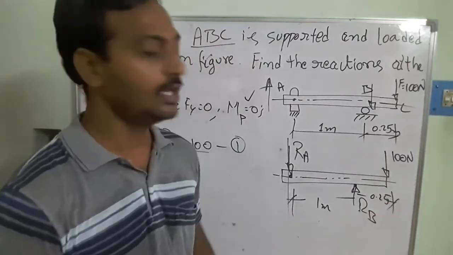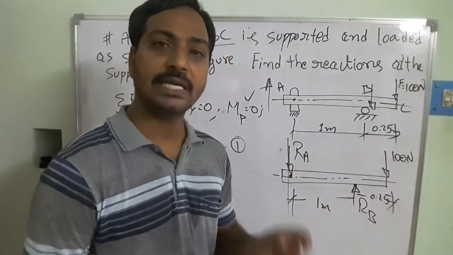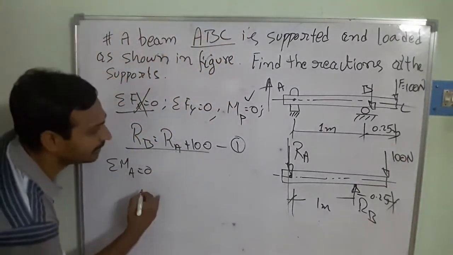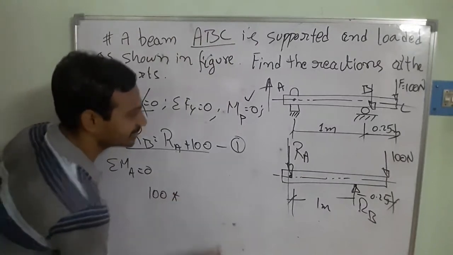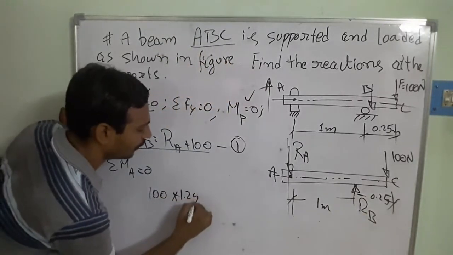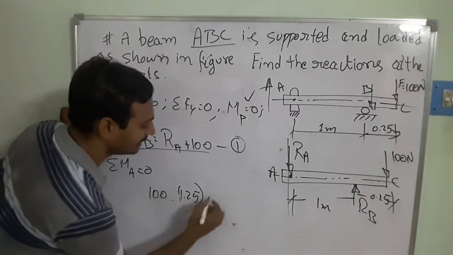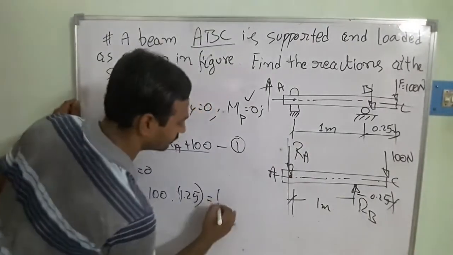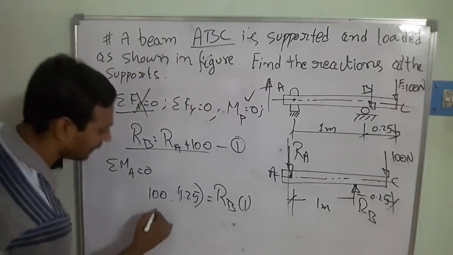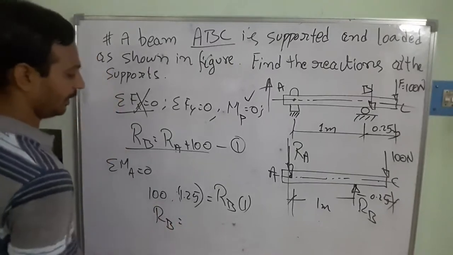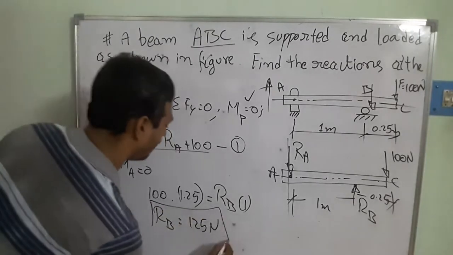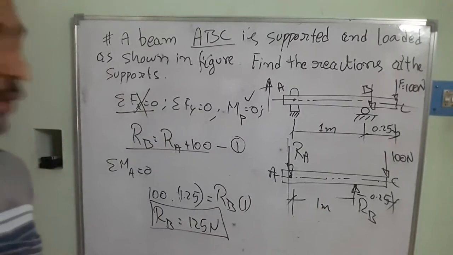As per our terminology, moments in the clockwise direction are positive, and RB moving in the anticlockwise direction is negative. So here I take 1000 into the distance between the point C and A, which is 1.25 meters, equal to RB, because it is moving counterclockwise, times the distance, 1 meter. So finally RB is equal to 1250 newtons.